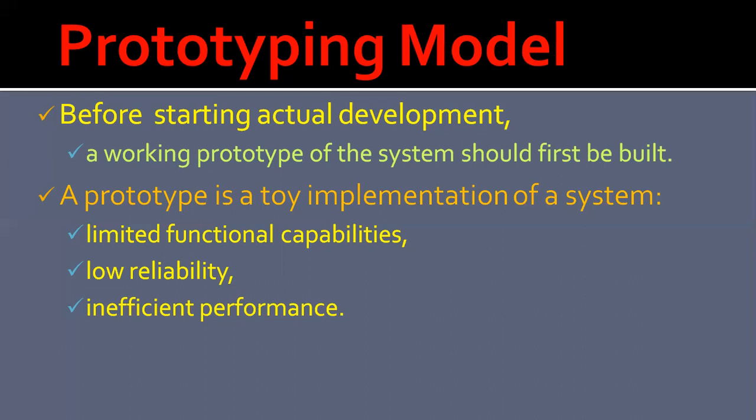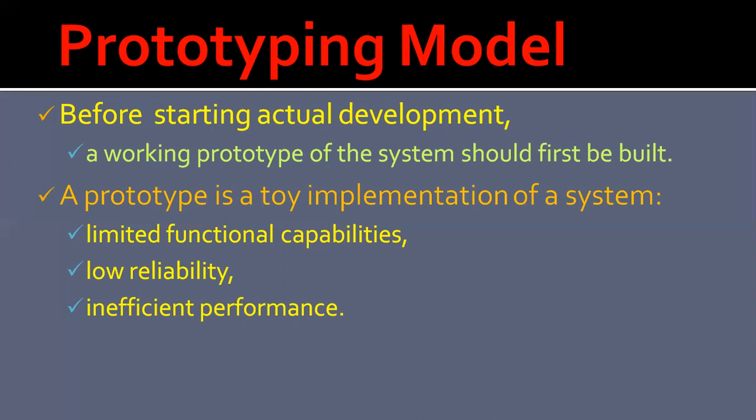We can build the prototype very quickly by using several shortcuts, which usually involve developing inefficient, inaccurate, and dummy functions. For example, a shortcut implementation of a function may produce the desired results by using a table lookup rather than performing the actual computations.